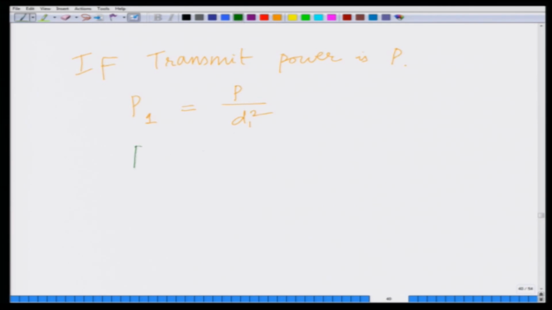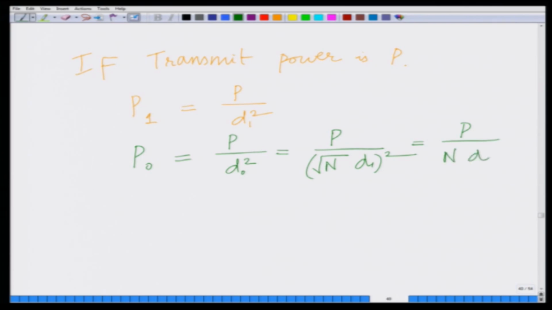P naught equals P divided by d naught square, but d naught is square root of n times d1. So, this is square root of n times d1 whole square, which is equal to P divided by n d1 square.